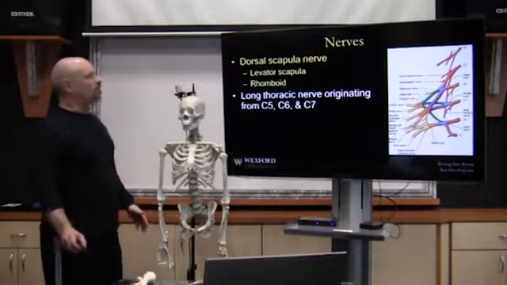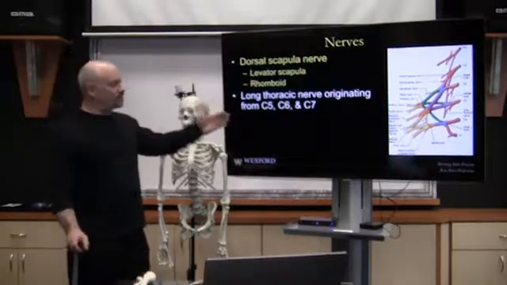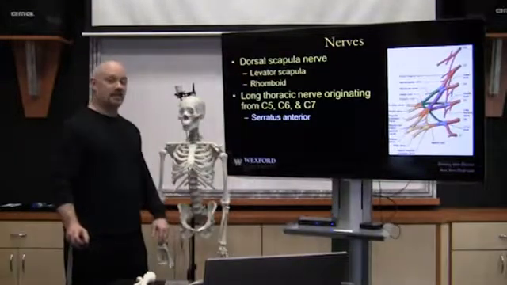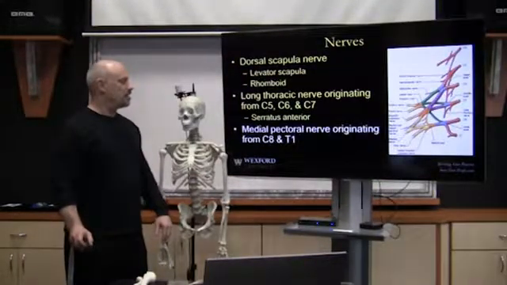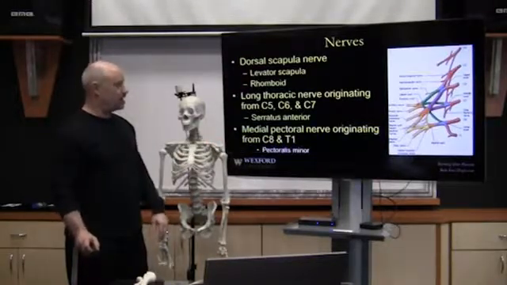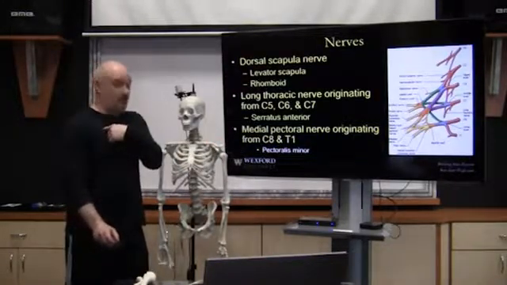The long thoracic nerve originating from C5, C6, and C7 innervates the serratus anterior. And the medial pectoral nerve originating from C8 and T1 activates the pec minor.